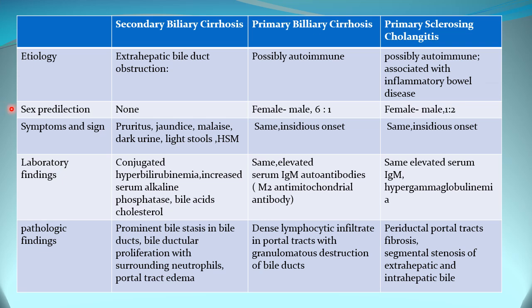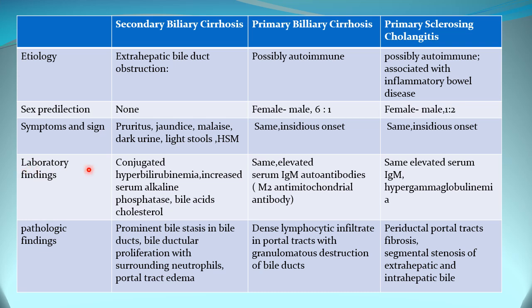And sex predilection: females are most commonly affected in primary biliary cirrhosis, while male predominance is seen in primary sclerosing cholangitis. Signs and symptoms are mostly the same in all three: jaundice, malaise, dark urine, pruritus, loose light stools, and hepatosplenomegaly.